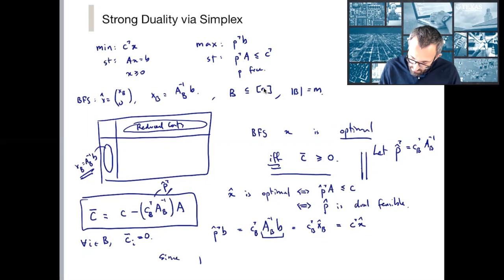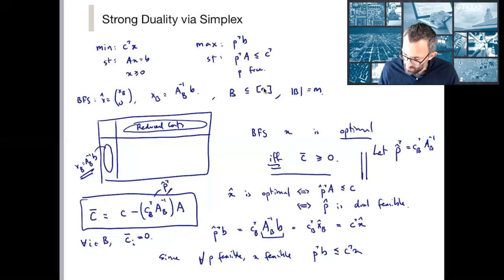And since for any dual feasible P and X feasible, I have P transpose B less than or equal to C transpose X, this immediately implies that P hat and X hat must be optimal. This is so simple and algebraic and just follows from the simplex method that it's almost hard to see that basically we just use the simplex method to prove strong duality.